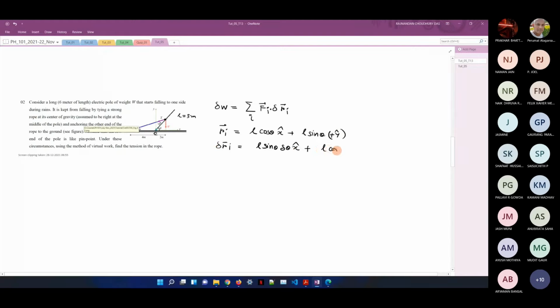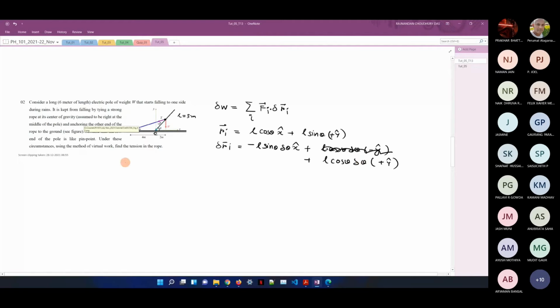So this one will be minus, and this one will be L cos theta delta theta plus y cap. This part is fine.